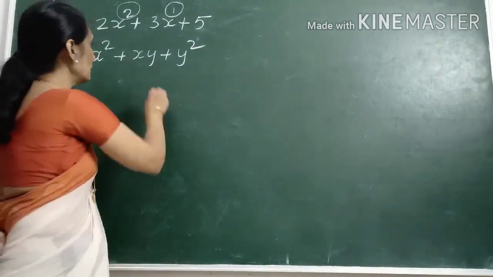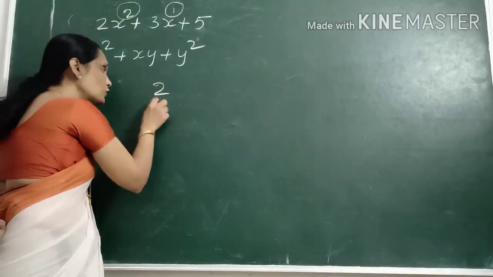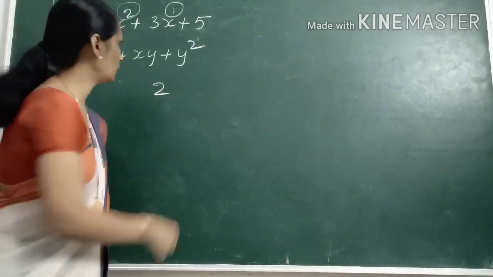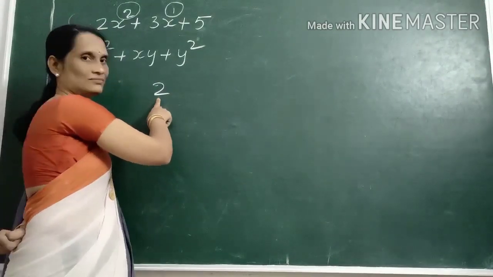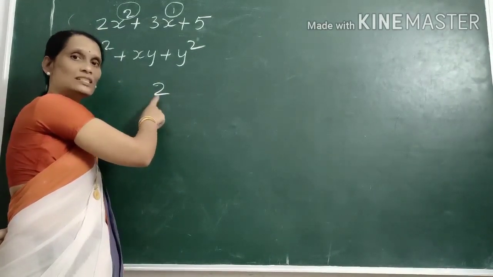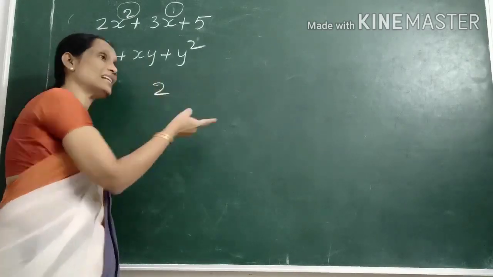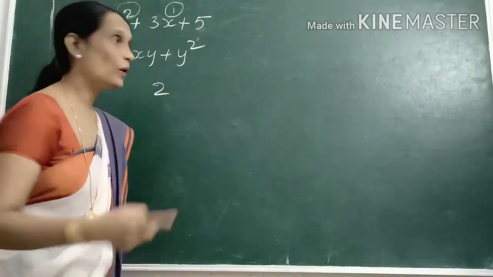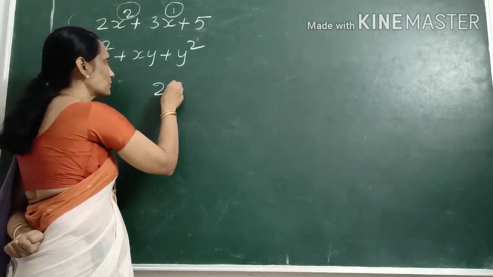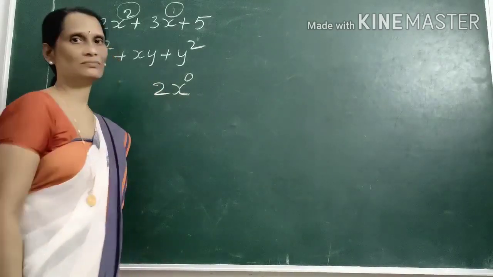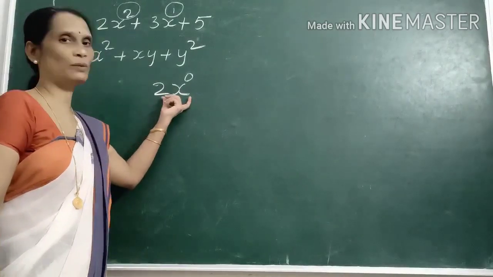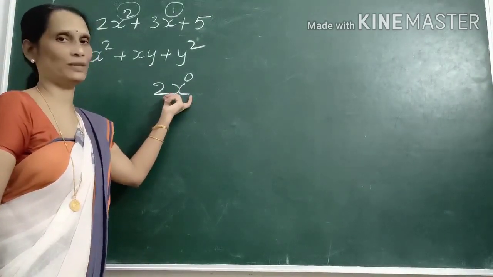When there is 0, see, 2 is also a polynomial. We call it a constant, a numerical fixed number 2. But 2 is considered a polynomial. Why? Because 2 can be expressed with any variable with power 0. So it's a special polynomial, known as a constant polynomial.